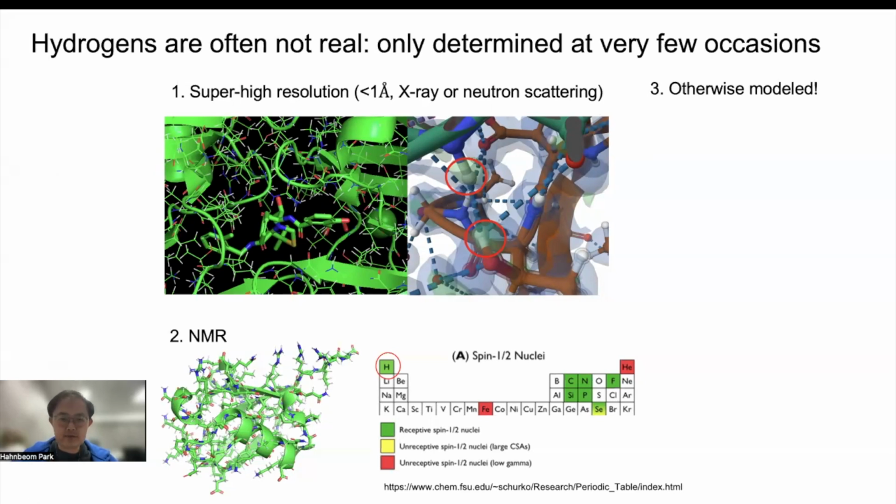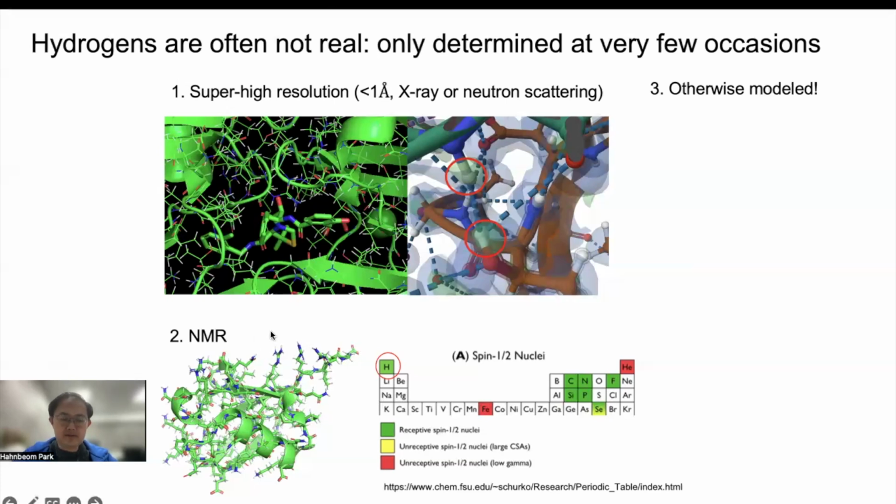I didn't explain neutron scattering, but that's something that can be used for structure determination in limited cases. In that case, you can see the locations of hydrogens and how polar those hydrogens are. So if the resolution is super high, you can trust hydrogens.